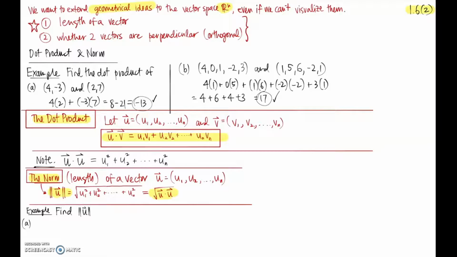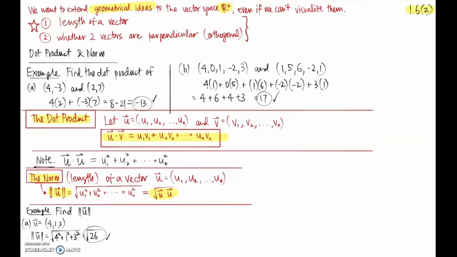Let's say that our vector u is (4, 1, 3). Then the norm of u will be the square root of 4 squared plus 1 squared plus 3 squared, which is the square root of 16 plus 1 plus 9, 26.